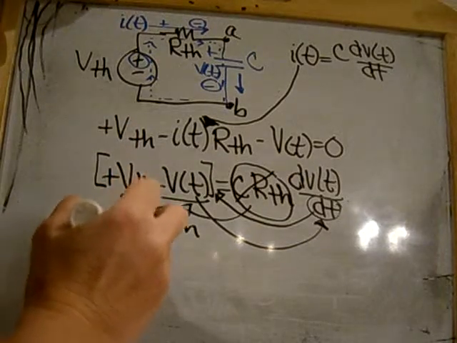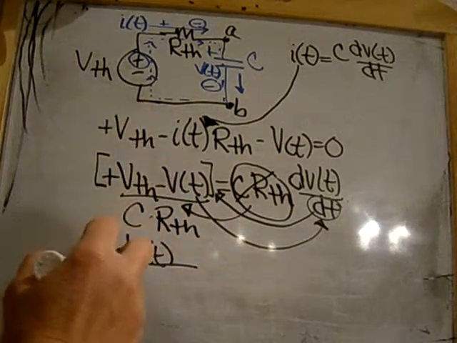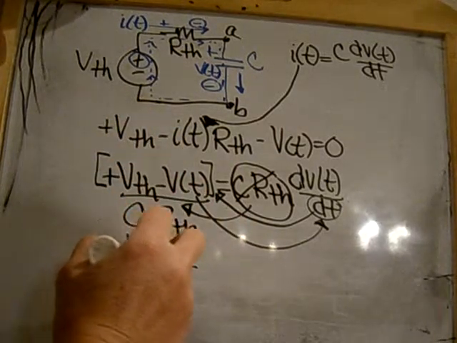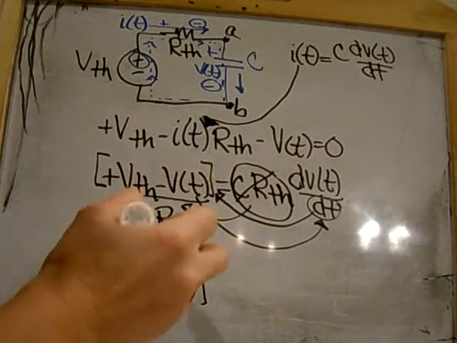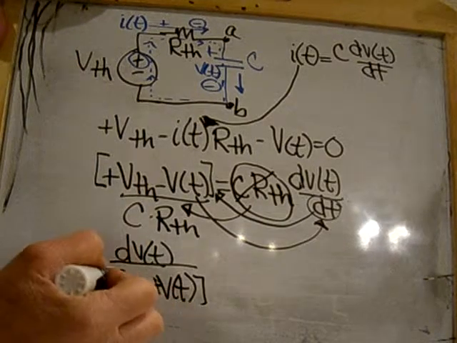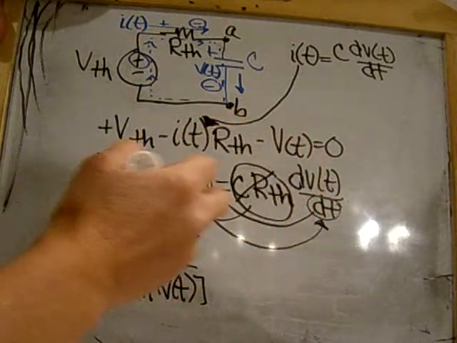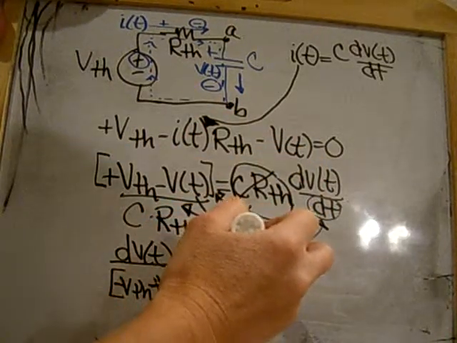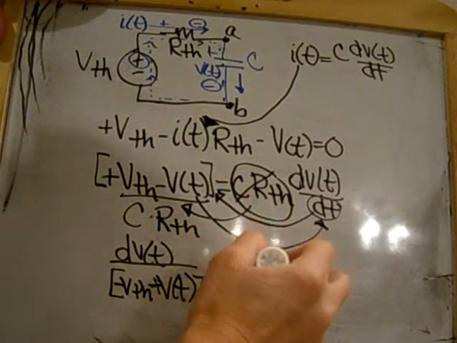So that will be dV of t all over VTH minus V of t. And I want to make this positive, so this will become negative, and this will make on the other side a negative dt over C RTH.